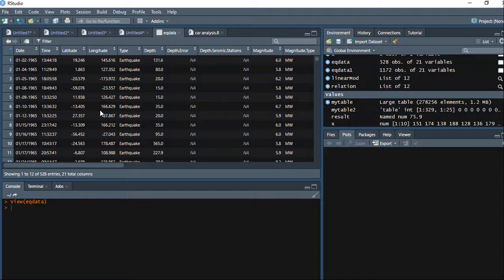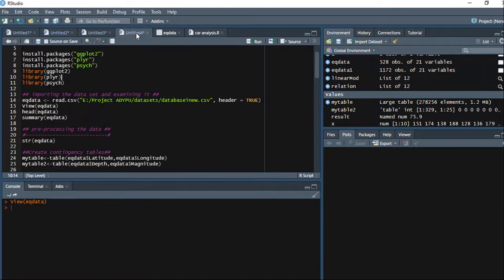This is my data set and it includes variables such as the date, time, latitude, longitude, depth, magnitude, etc. If we see the first observation, it is about an earthquake which occurred on a date of 1/02/1965 at a time of 13:44:18, and the latitude was this, the longitude was this. We have the data of earthquakes which occurred at particular locations. Let's get back to our code.